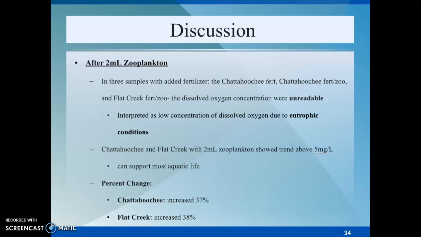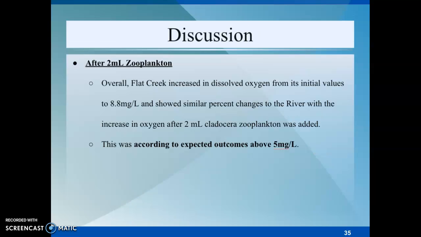After 2 milliliters of zooplankton was added, the dissolved oxygen actually increased, as seen with the percent change from Flat Creek and the Chattahoochee River. After 2 milliliters of zooplankton was added, the dissolved oxygen increased, which was according to expected outcomes.